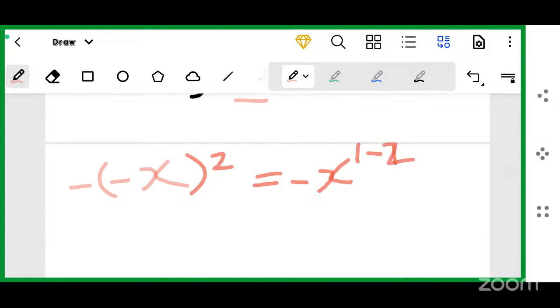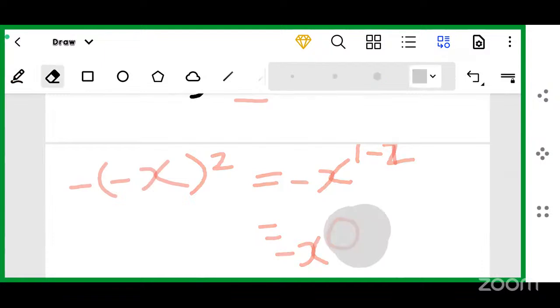Minus 2, okay, and your final answer being? Negative x to the power of 1.